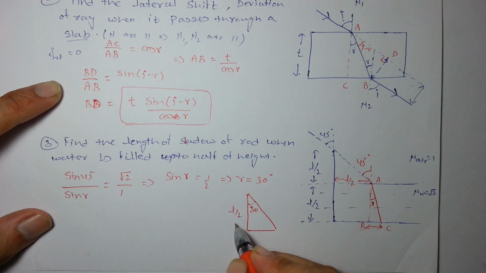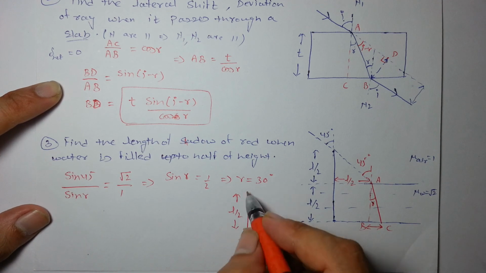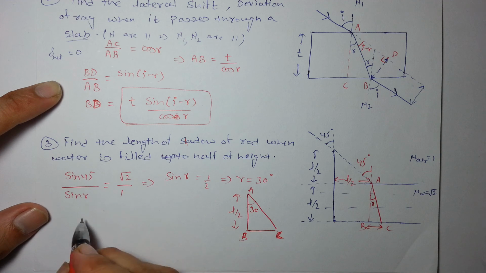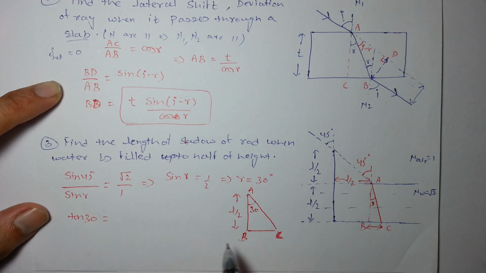This is L by 2, and this is BC. So I can use tan 30 to find BC. Tan 30 is how much? Perpendicular upon base, which is L by 2. So BC is L by 2 root 3.